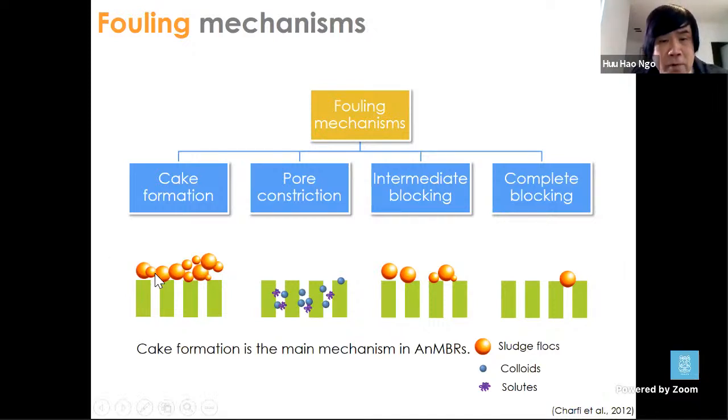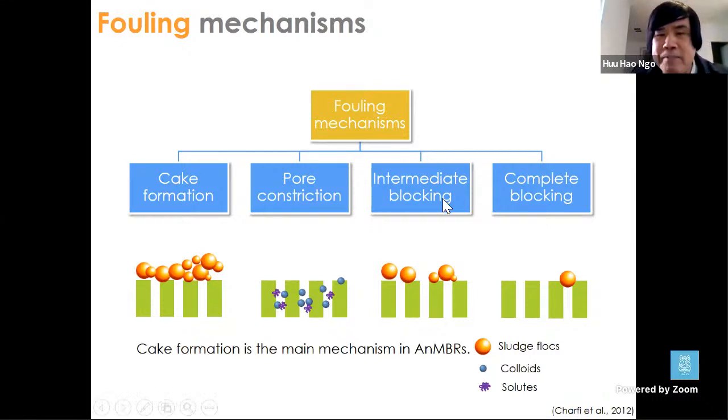And for the cake formation, we have to think about particles dropping onto each other. So firstly it's all right, but after some time they become the cake. They become a layer and block, and it is very difficult for the water to flow through.